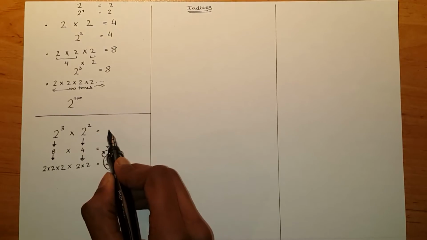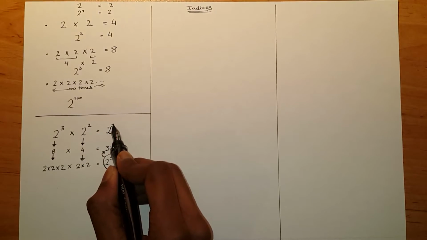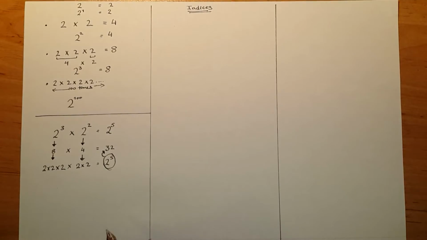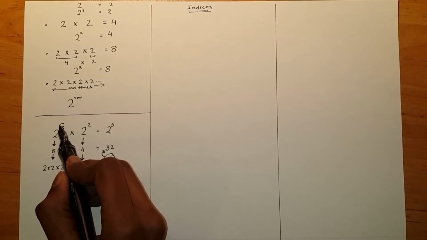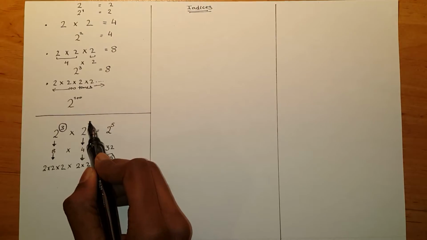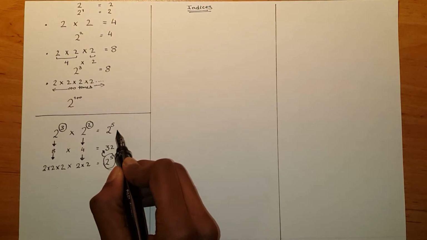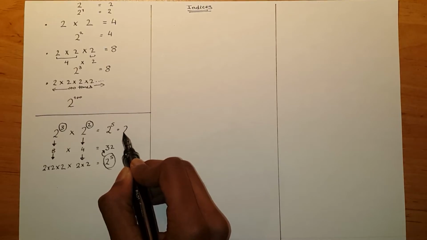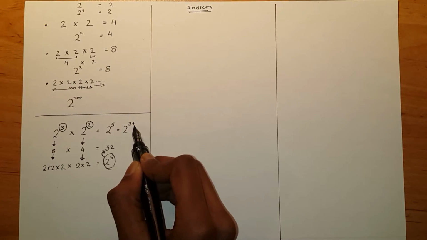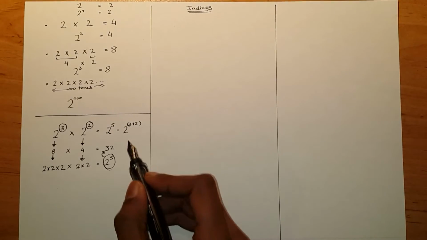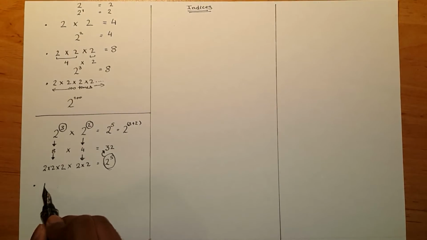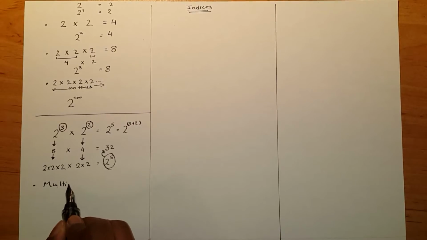Here we can write 2 to the power of 5. What we can see is that this power here and this power here have been added to make 5. So we can write 2 to the power of 3 plus 2. From that, we can say that there is a multiplication law.